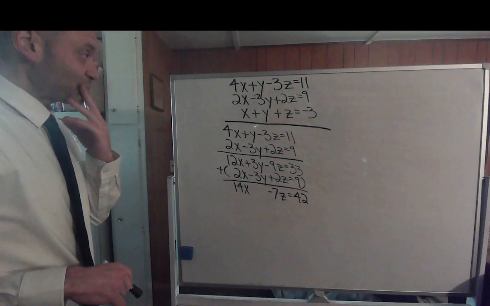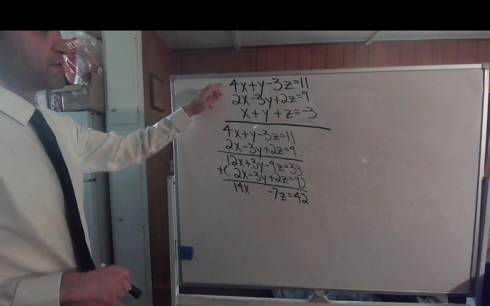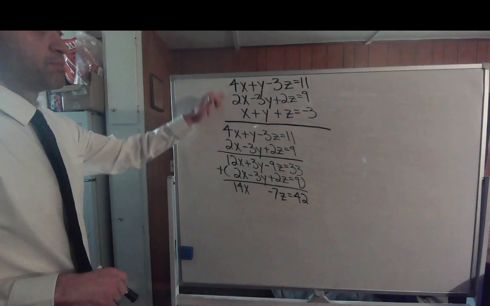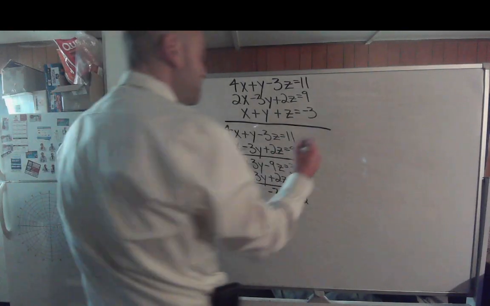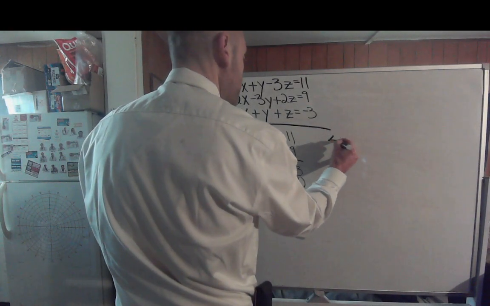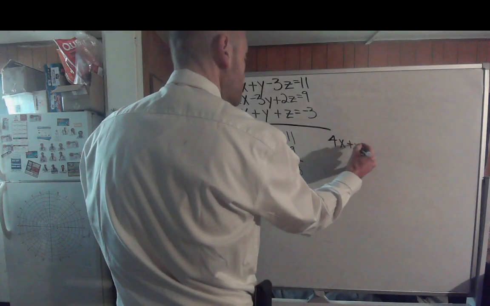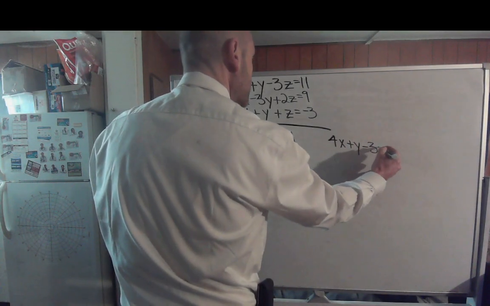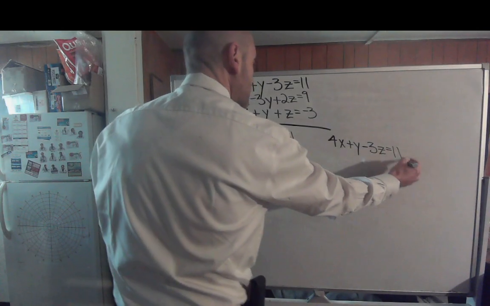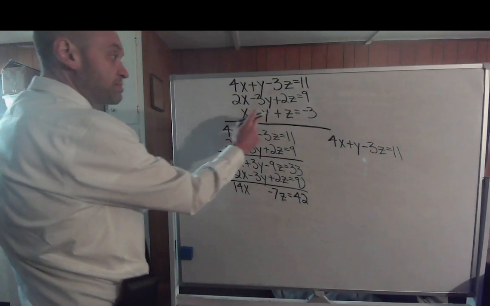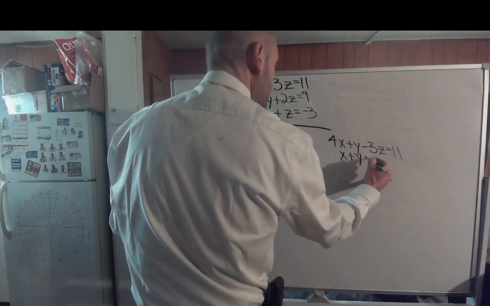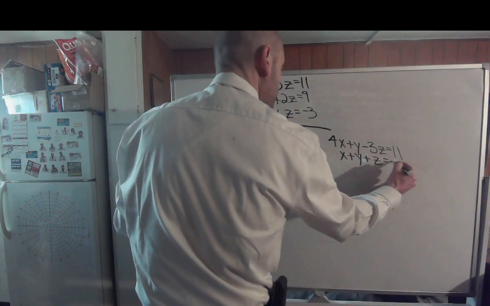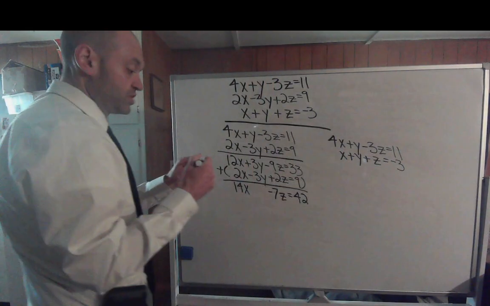Now, let's also look at the first and third equation. We can produce yet another equation where we eliminate y. So if I take 4x plus y minus 3z equals 11, and then I have x plus y plus z is equal to -3. Look at my coefficients on the y.